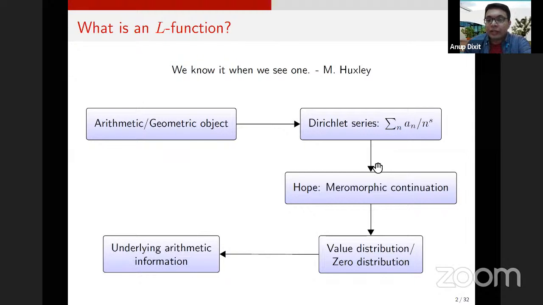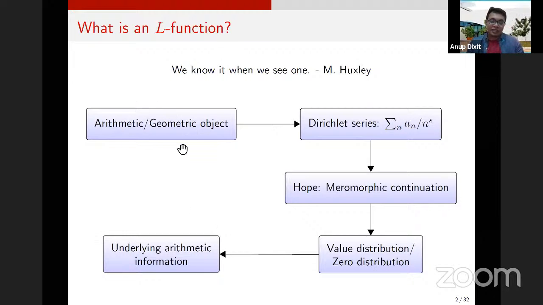So what we will try to do is analytically continue it. We will see if we can meromorphically continue this function to the whole complex plane, except for a few poles or things like that. And suppose there is a meromorphic continuation, then very mysteriously, the zero distribution of the resultant function, in the region where the series wasn't convergent, captures important information about the underlying object that we began with.